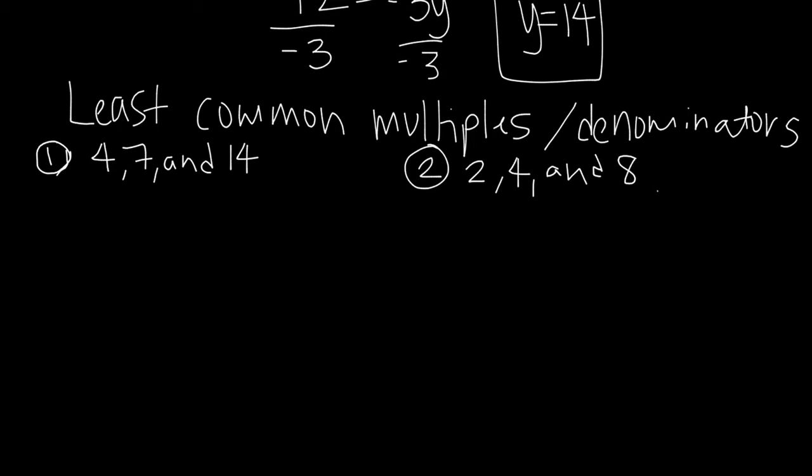Just to give a little more practice with least common denominators or least common multiples, let's say that example 1, the numbers 4, 7, and 14 showed up in the denominators, and we wanted to try to clear out those denominators of the fractions. Using the same method, we just start listing out the multiples. So 4, 8, 12, 16, 20, and then of 7 as well.